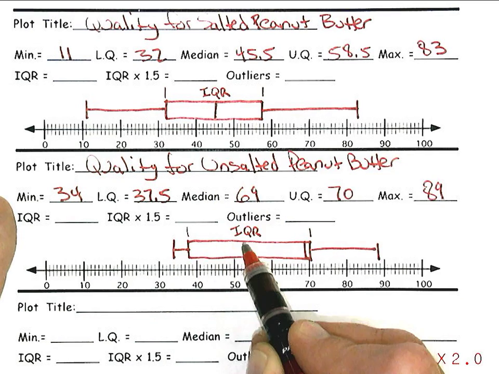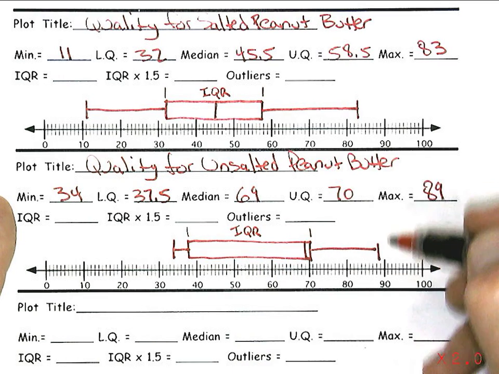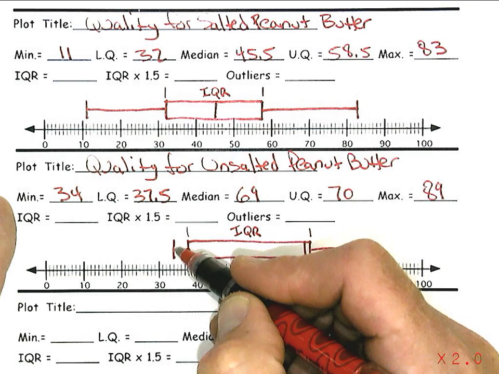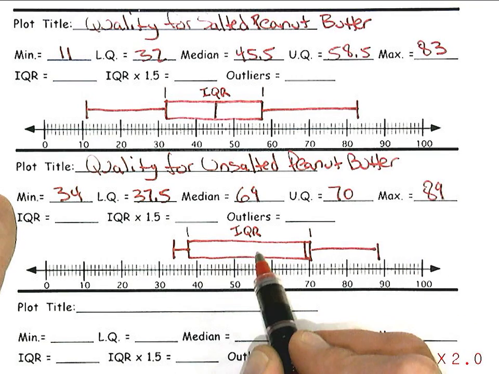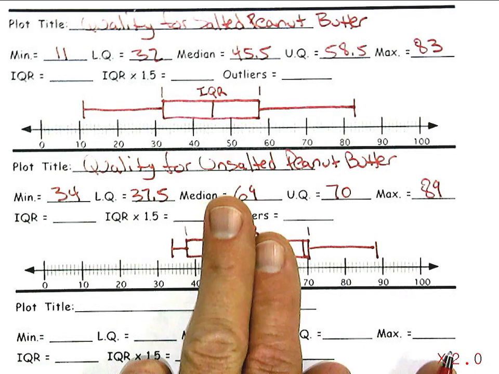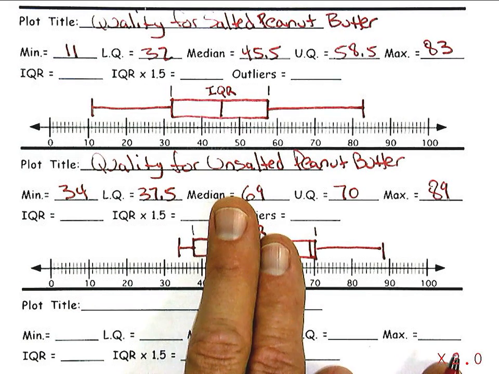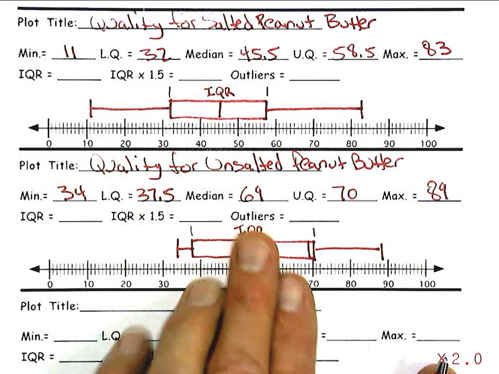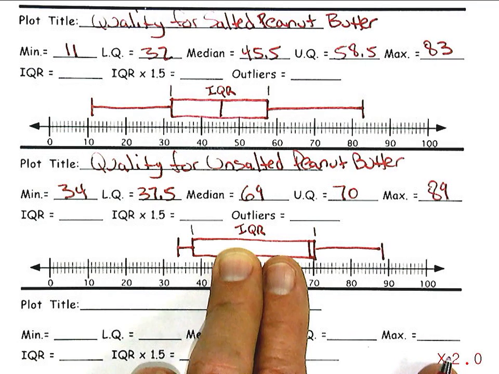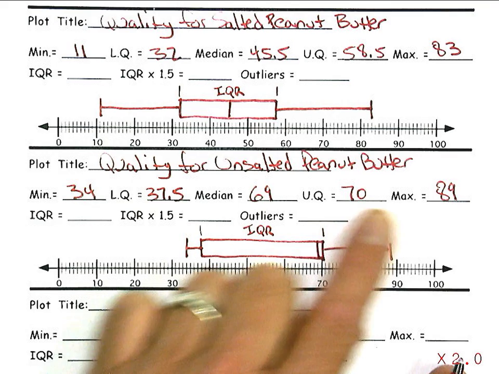And so even though the unsalted is a higher quality on this one and this one, the box is really what I want to look at. And the box in general is higher. So based on the data, you would generally say that the unsalted peanut butter, because it has a higher range in general, would rate higher quality. And that's where your 5-number summary helps you see that data.